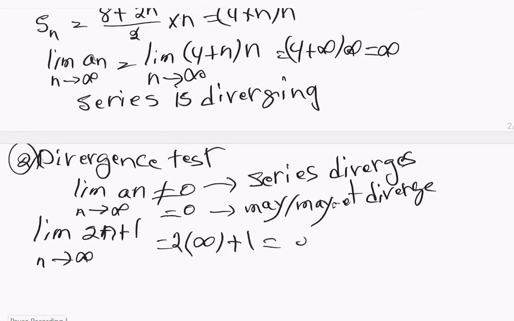This equals infinity. So the sequence is diverging and is not equal to 0, and the series diverges. This is not equal to 0.